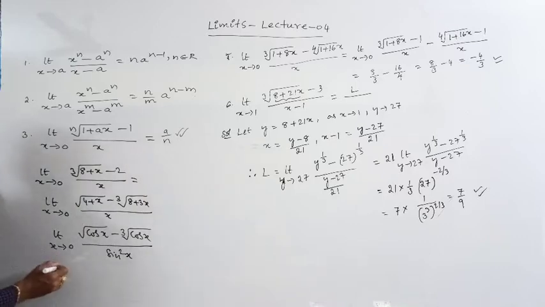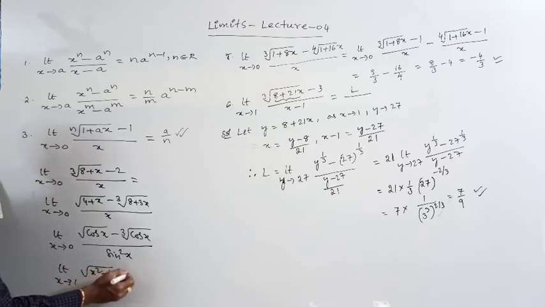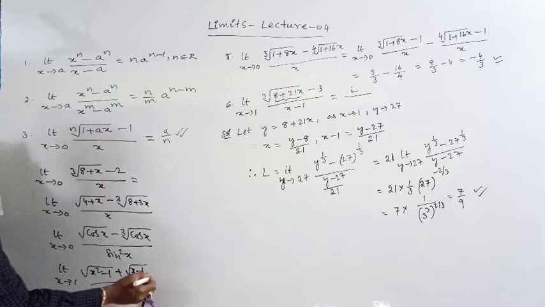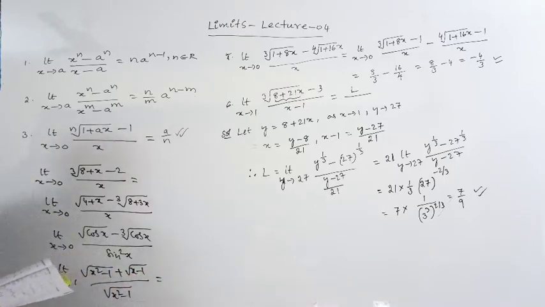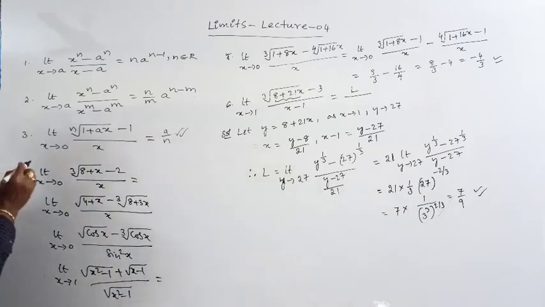Okay, and similarly, limit x tends to 1, root over x square minus 1 plus root over x minus 1 by root over x square minus 1. All right, so you can assume that these are the 7th, 8th, 9th and 10th numbers.